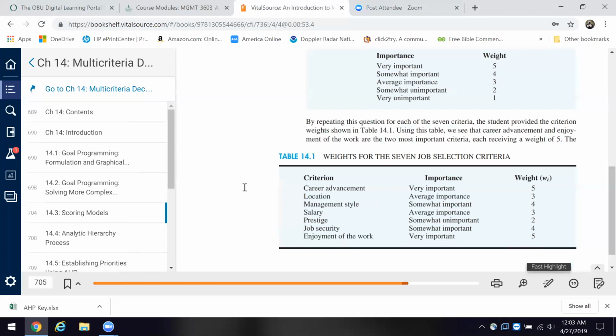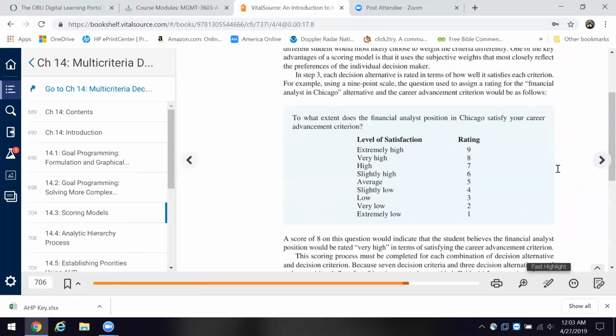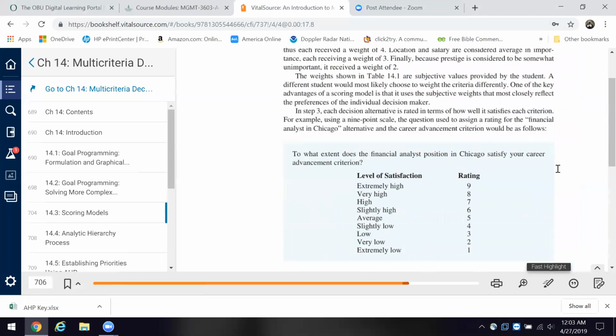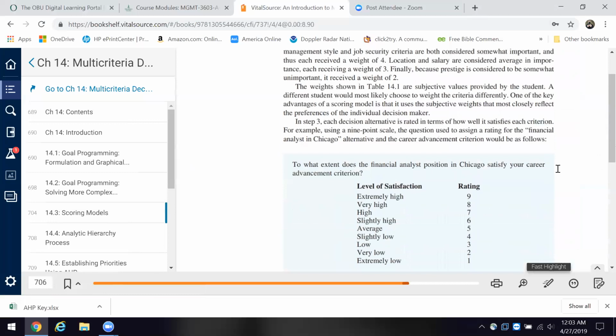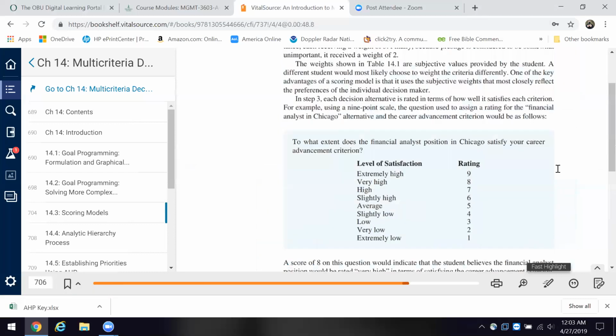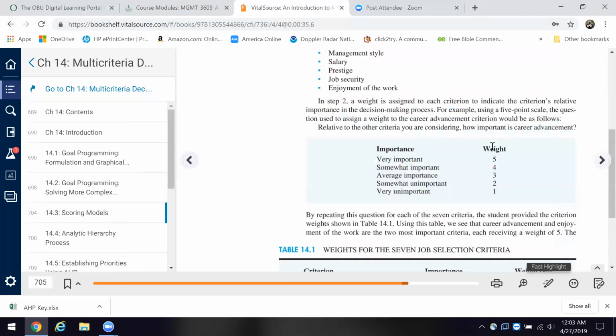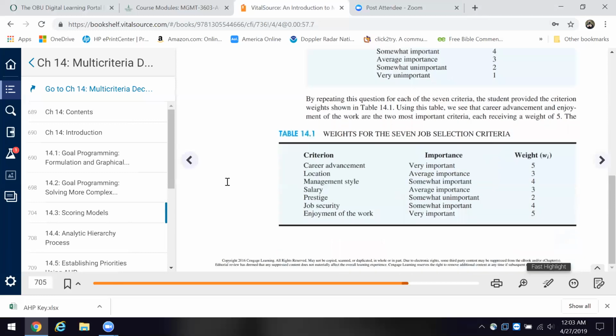Well, let's move on over here for a second. And here we are. And then we create some ratings, and with their weights. We'll go back to 14.1. And remember here, these are subjective weights.